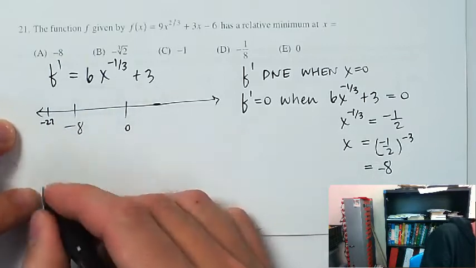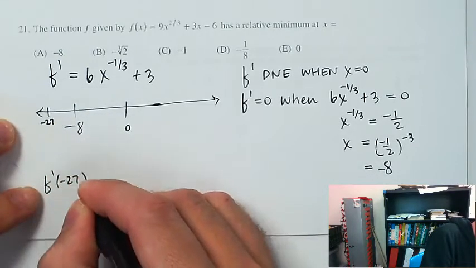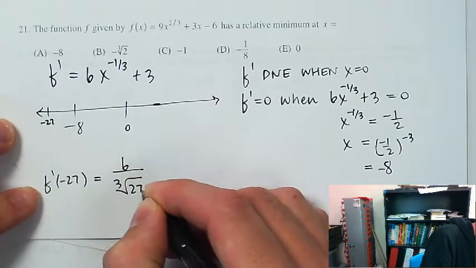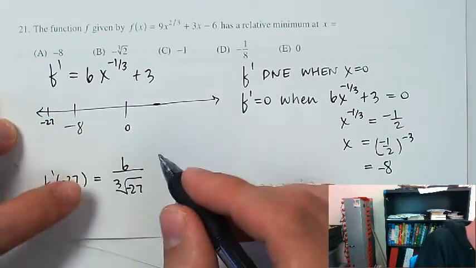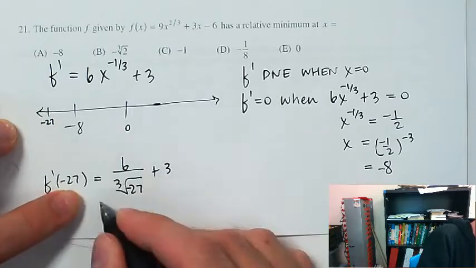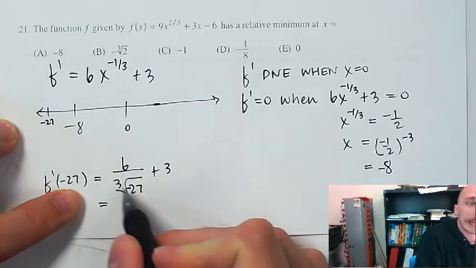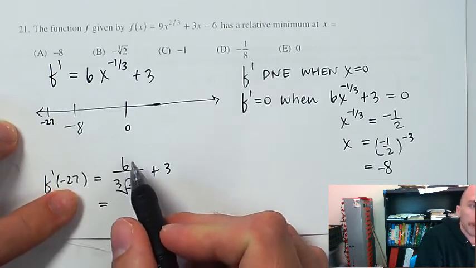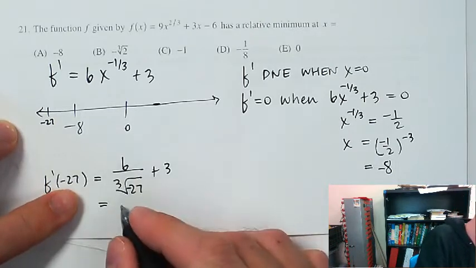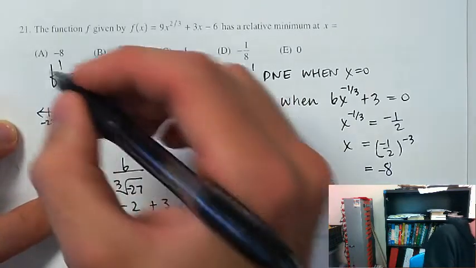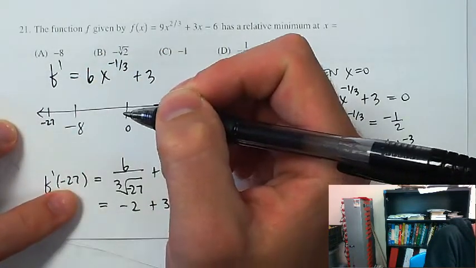Okay, when I plug in, f prime of negative 27 is 6 over the cubed root of negative 27 plus 3. Okay, so the cubed root of negative 27 is negative 3. So I've got 6 divided by negative 3 is negative 2 plus 3 is positive.